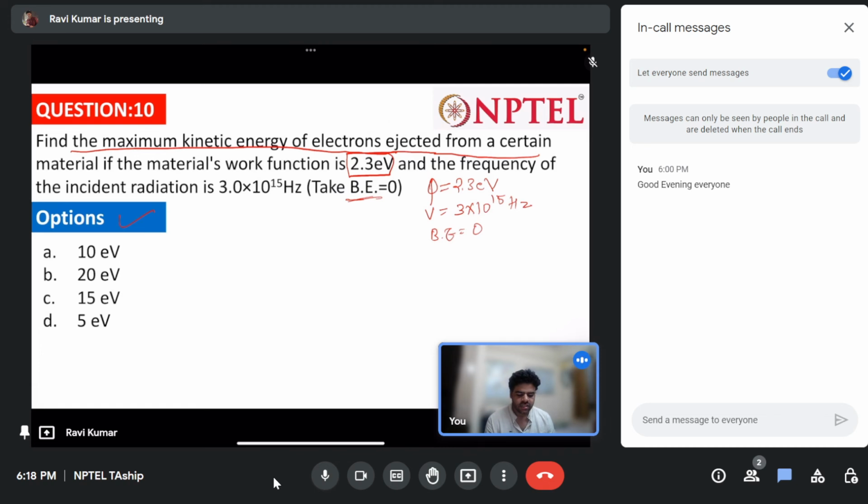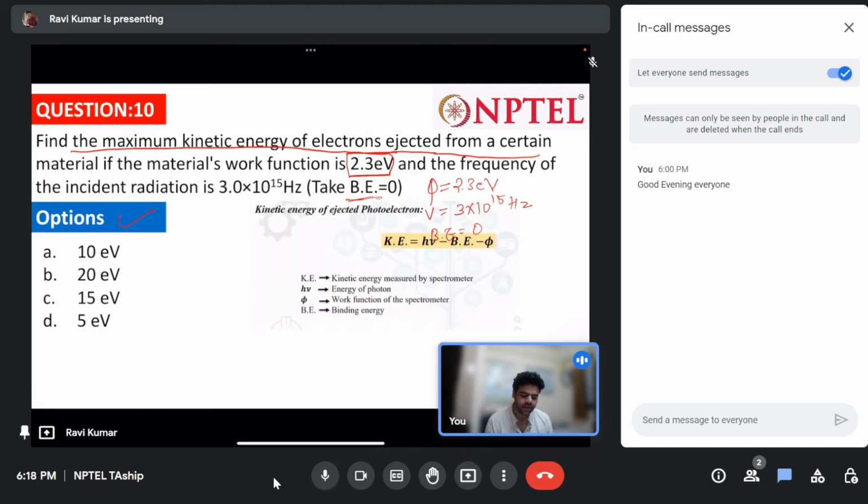Here you can see the formula for this photoelectron. This kinetic energy will be equal to h nu minus binding energy minus work function. So here binding energy is 0. So we can write kinetic energy equals h nu minus work function. So just put these values for this kinetic energy.